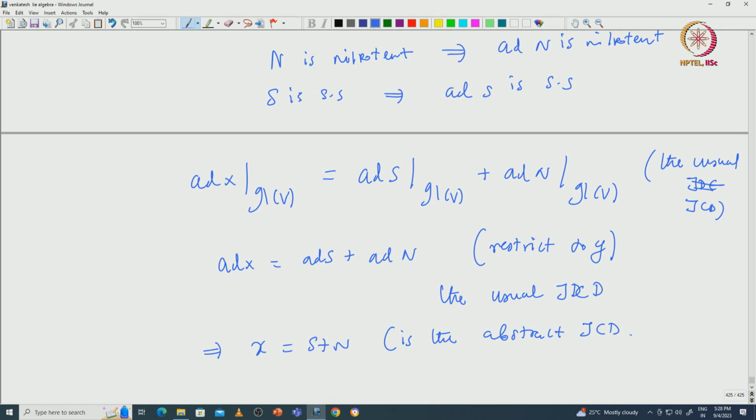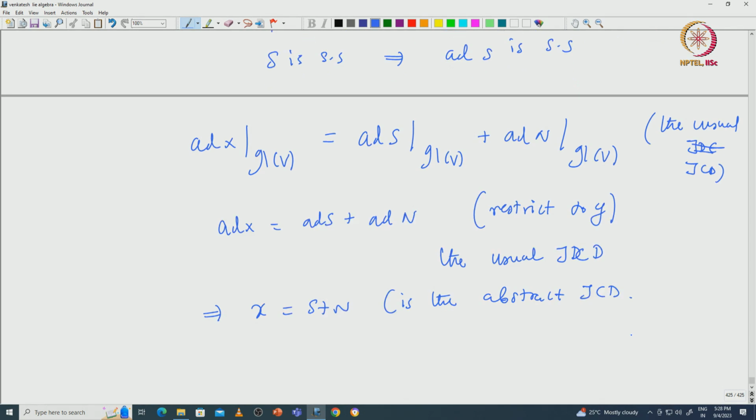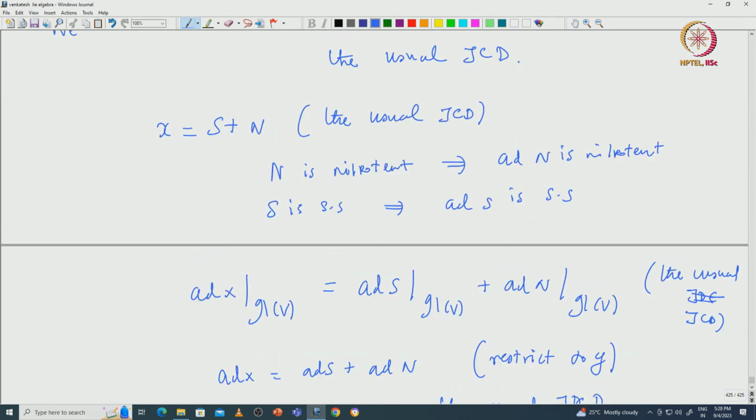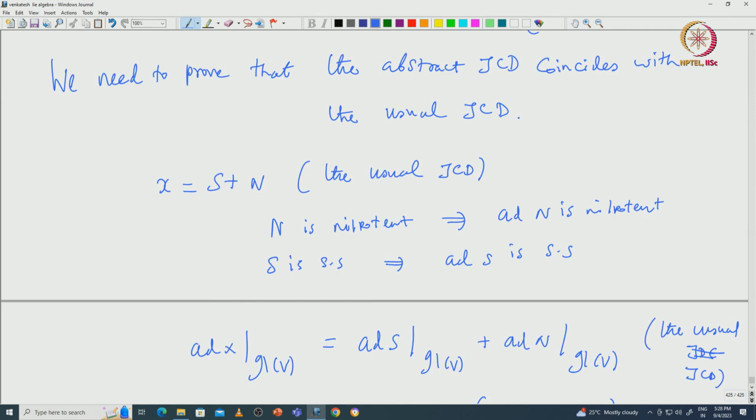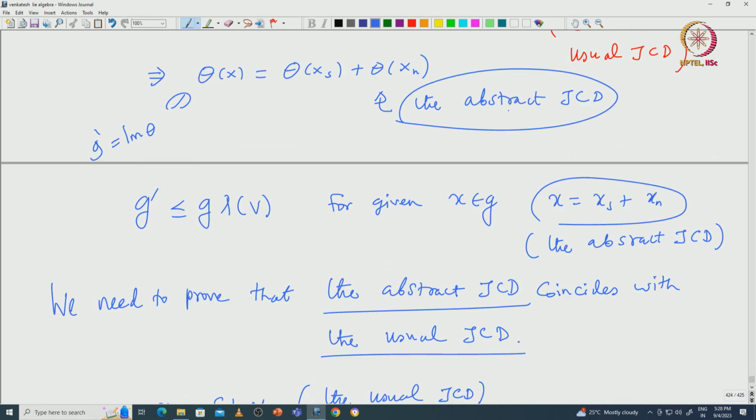Now, uniqueness of these Jordan decompositions will tell you that the abstract Jordan decomposition coincides with the usual Jordan decomposition. Okay. It is basically understanding the definitions, nothing else. But what is important is the statement.